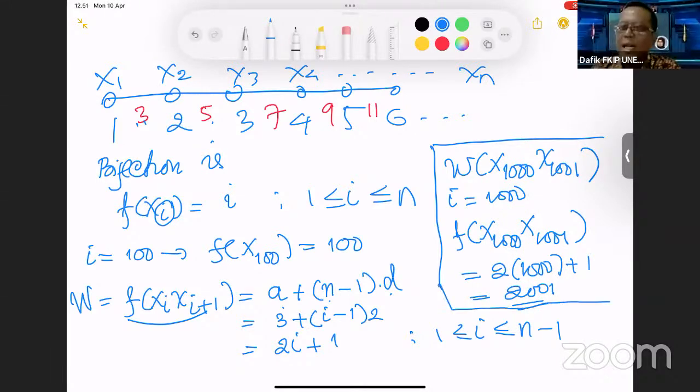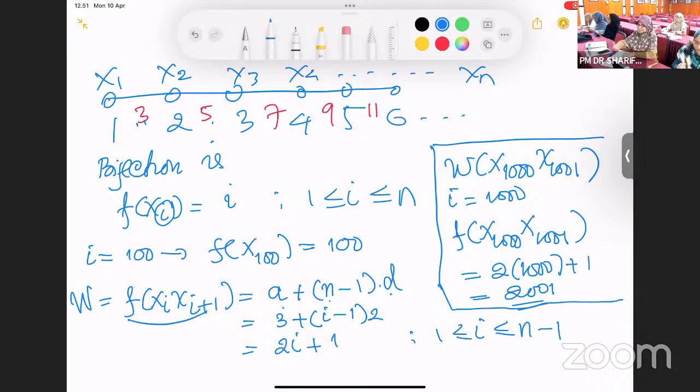Up to here, are there any questions? How to construct the function? How to develop a bijection? No problem. There is no question.